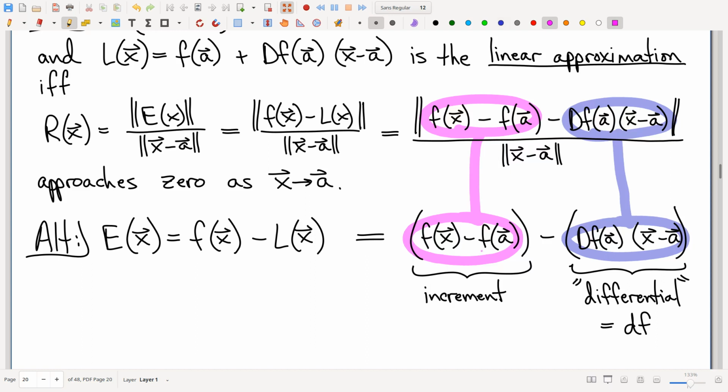How much the function actually changes between the point A and the point X, we're going to be referring to that here and there. The word we'll use is increment. And how much we estimated the change to be from our linear estimate, that's called the differential. So another way to say it is that a differential is a linear estimate of the increment. Just a different point of view.